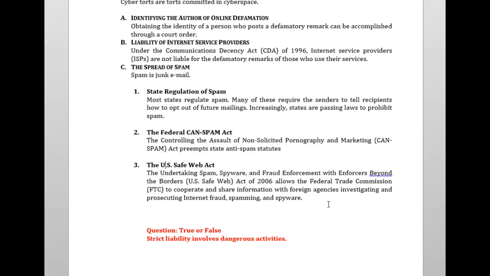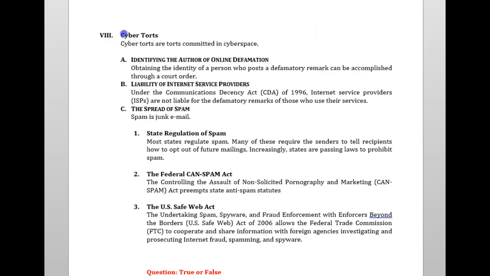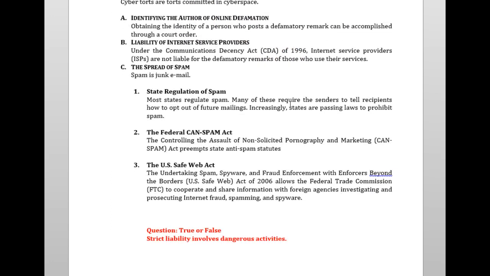So if we have an agreement, or if other foreign countries are also a part of this act, then we can go across borders and get some relief or some support for people who are trying to recover damages from cyber torts. Again, this is a new and developing area. It should be exciting to watch.